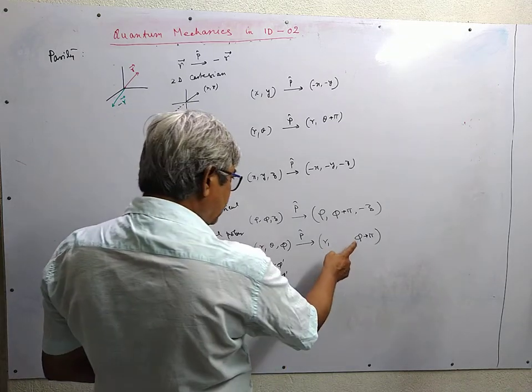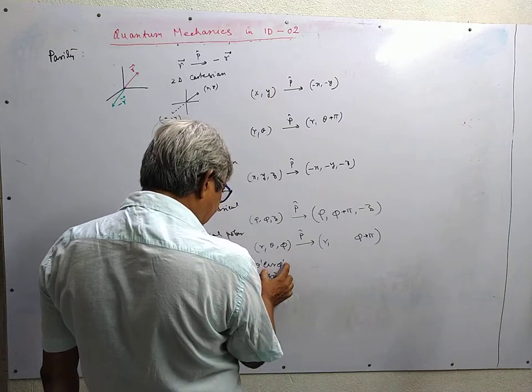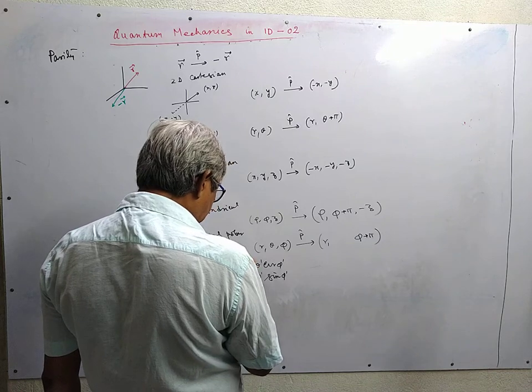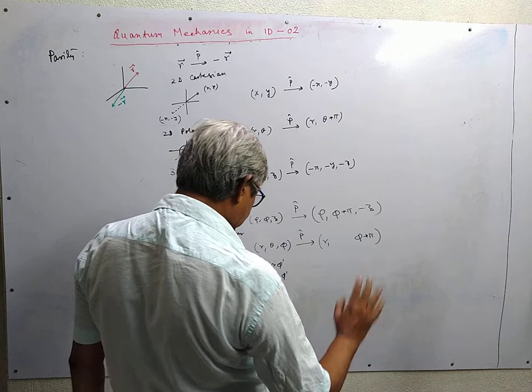Since we have written it in this fashion, this is negative. r does not undergo any change, so sine theta prime must not change its sign.